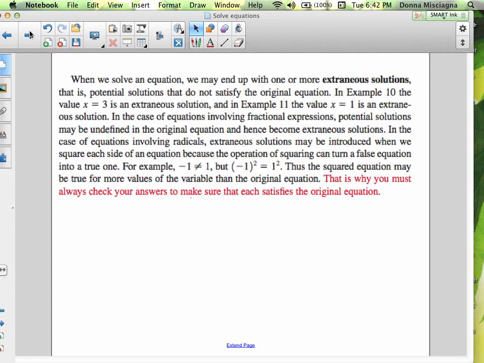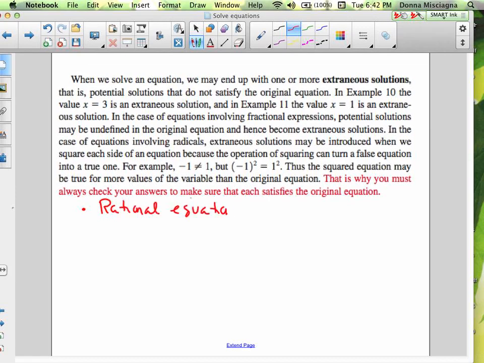And the equations that we have to check our answers are rational equations, radical equations, and let me specify that. That's if we have an even root.